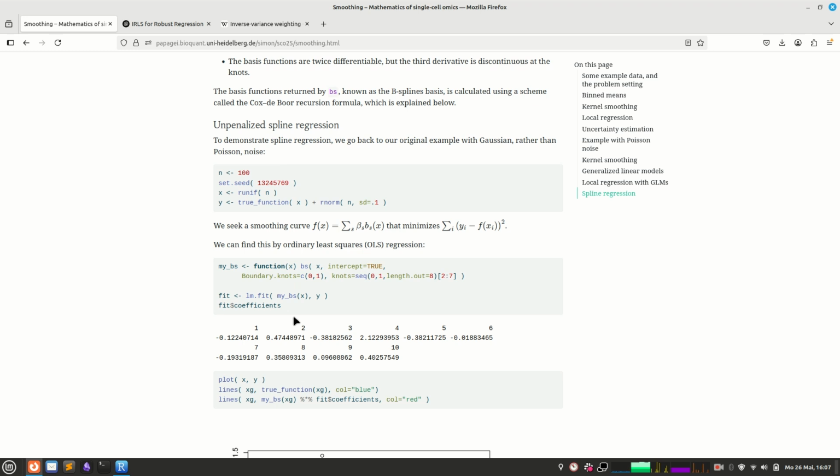And as you can see, the beta and this X is, as I said, the matrix of the 9 basis functions evaluated at all the n data points. And if I put this in here in the lm_fit function, last time I used lm with the formula notation. lm_fit works the same, it just wants the x and the y, and then it gives you the coefficients, and this is the weight that we have to put on each of the 10 basis functions.